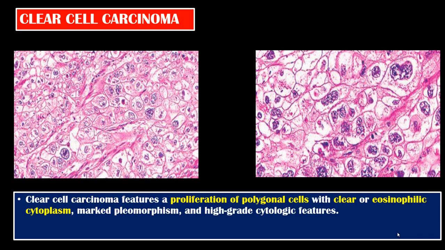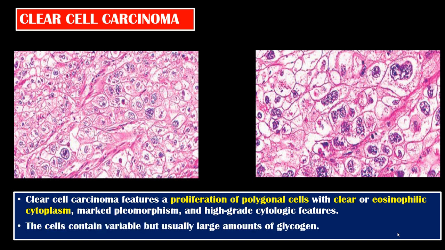Microscopically, clear cell carcinoma features a proliferation of polygonal cells with clear or eosinophilic cytoplasm, marked pleomorphism, and high-grade cytologic features. The cells contain variable but usually large amounts of glycogen.